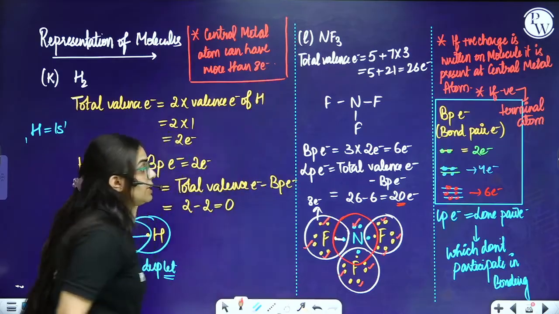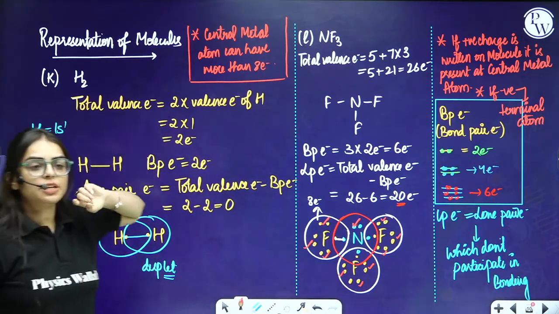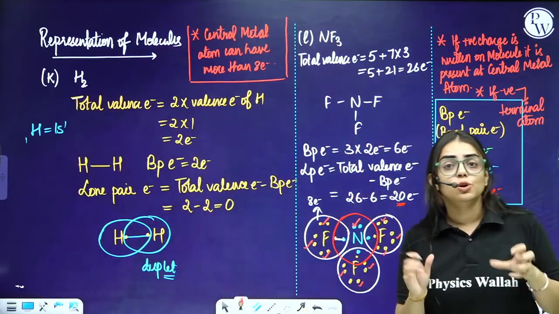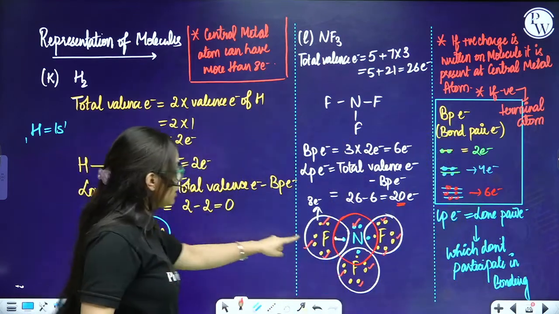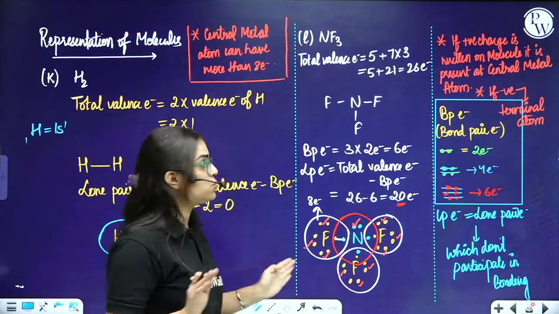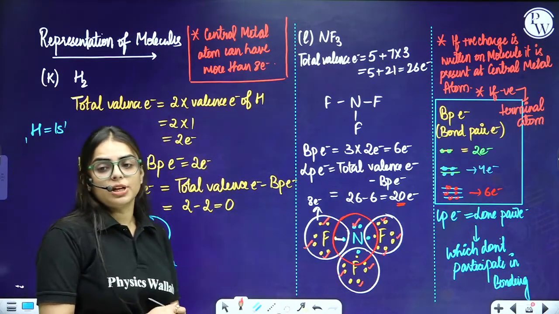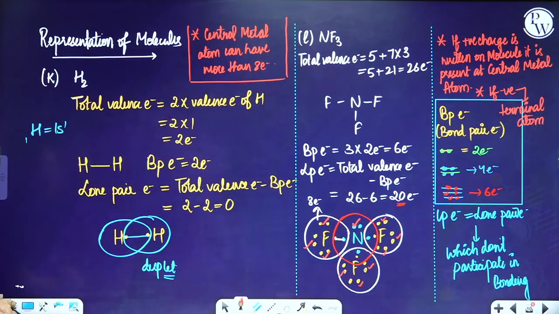But the initial rule of the representation of molecules, the Lewis octet rule, is to complete its octet. For example, fluorine is completing its 8 electrons, nitrogen is doing that, another fluorine, all of them attain stability by gathering 8 electrons in the outermost shell. Yes, everybody write it down so that I can move on to the next slide, students.